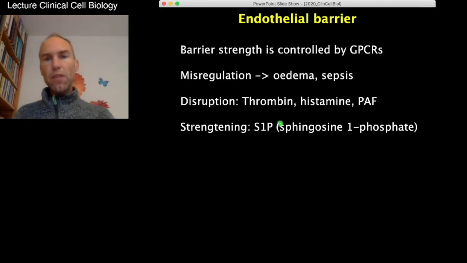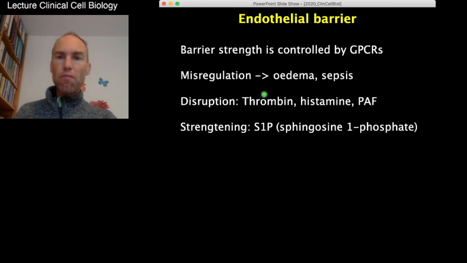Now the endothelial barrier is not only affected by these white blood cells, its structure is also heavily affected by G protein coupled receptors. So G protein coupled receptor signaling really can change the barrier strength of this endothelial cell layer.